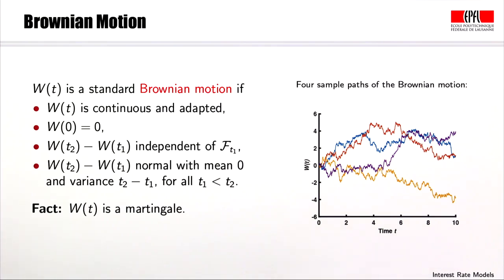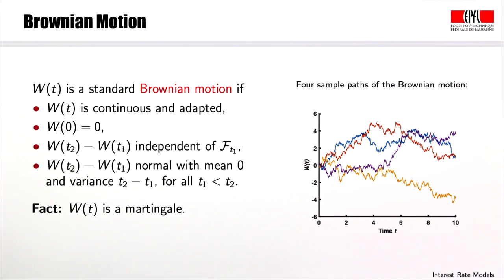The prototype of a martingale in continuous time is a Brownian motion. A standard Brownian motion W is characterized by the following 4 properties. It is a continuous and adapted process.